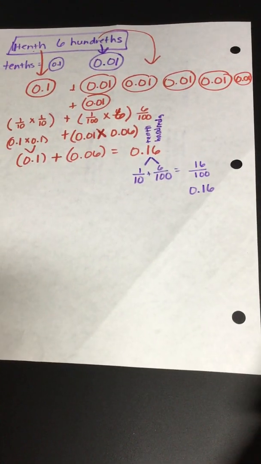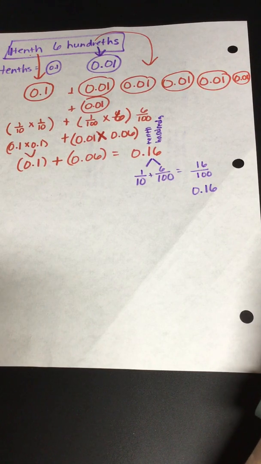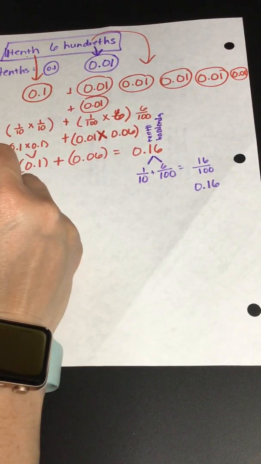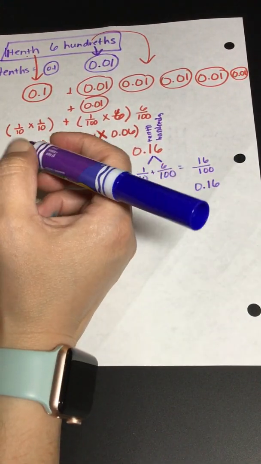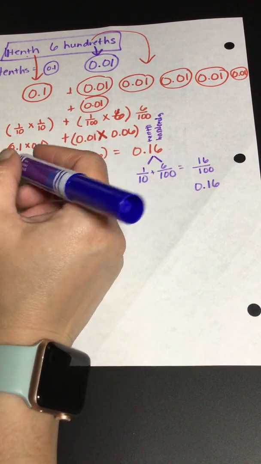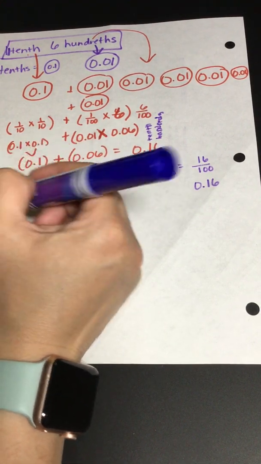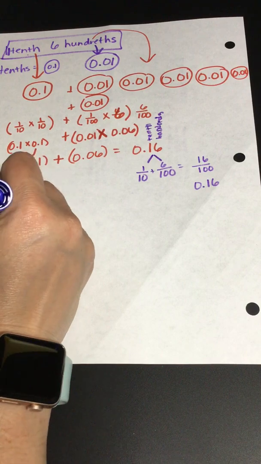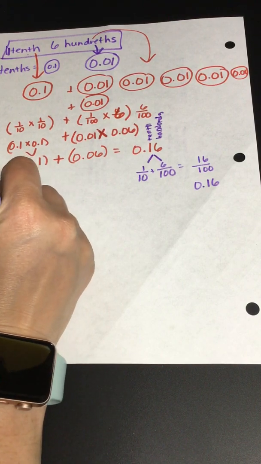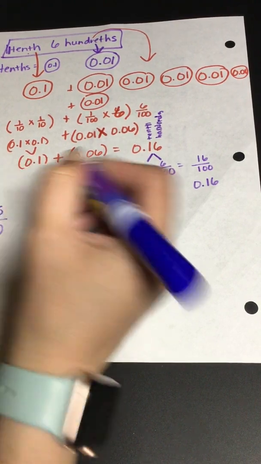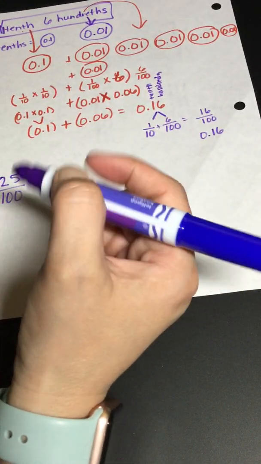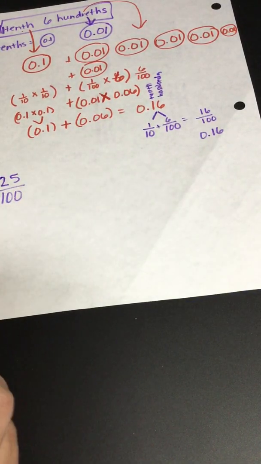Okay, let's do that with another one. Let's do 25/100. Let's take that and break it down into our discs.